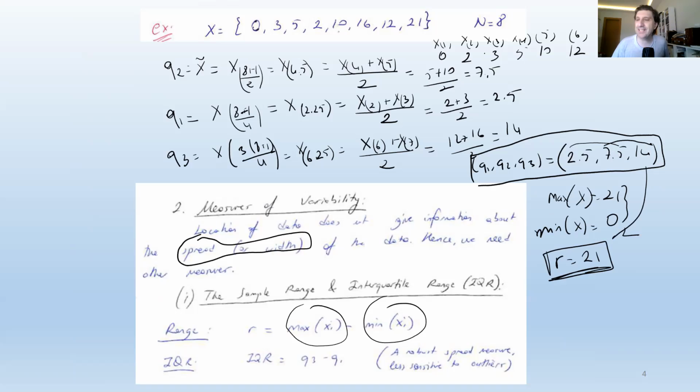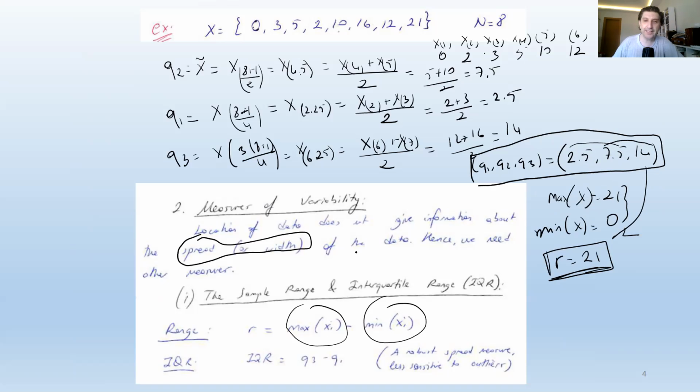The quartiles give us the location of the middle 50% between 2.5 and 14, and 21 gives us the whole range of the data. It says that there are 25% of observations on each side, but the range is not very much higher compared to these values.